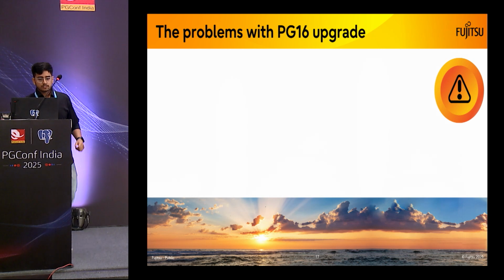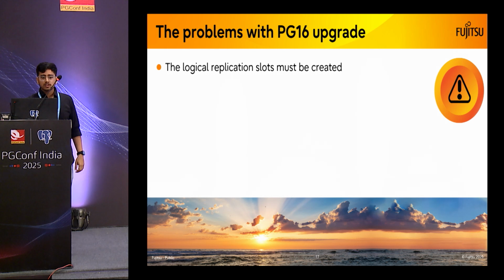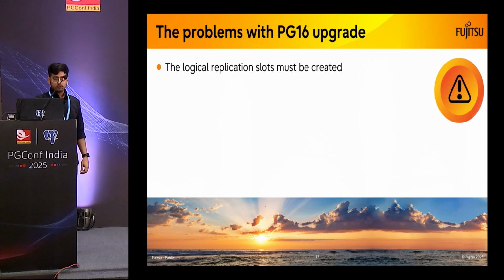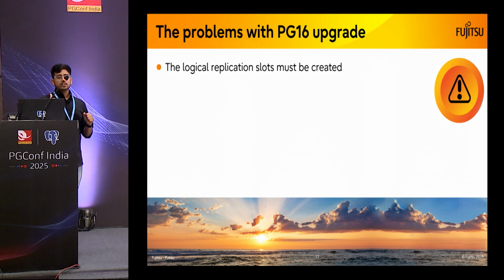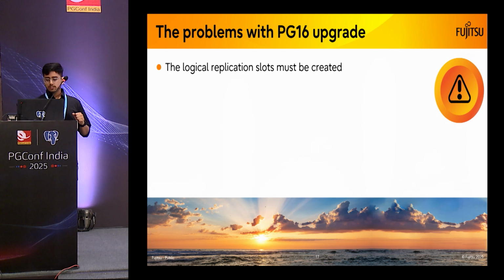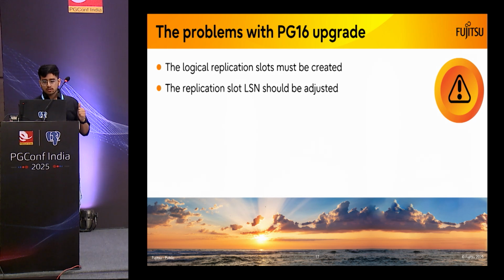Now, let's see what problems we face during this upgrade. We saw that we are converting the streaming replication to a logical replication first. So we need to create a slot, and we need to advance the LSN for every publication.